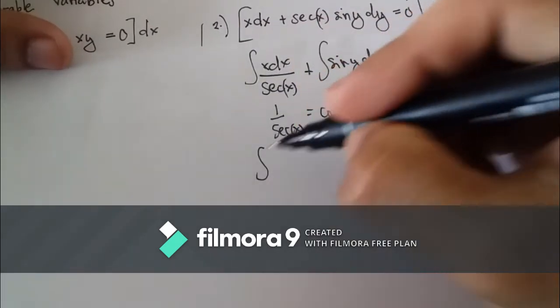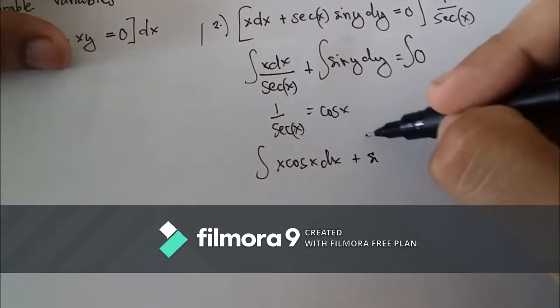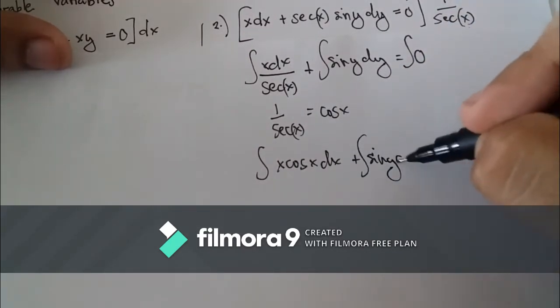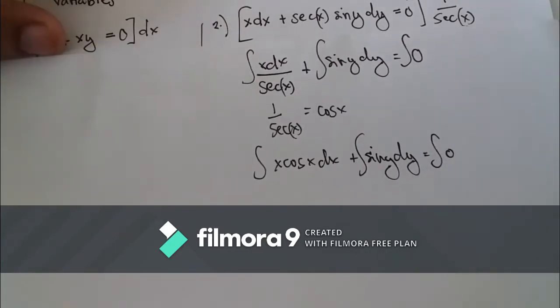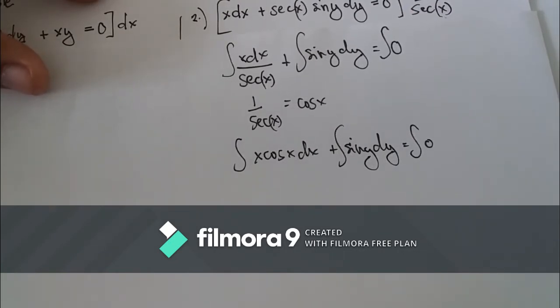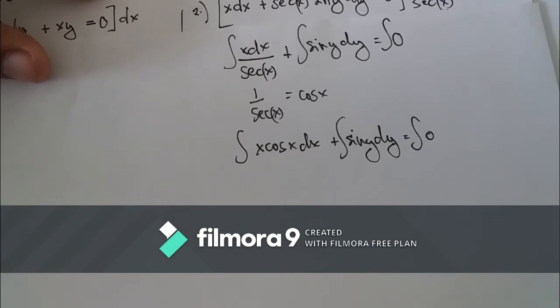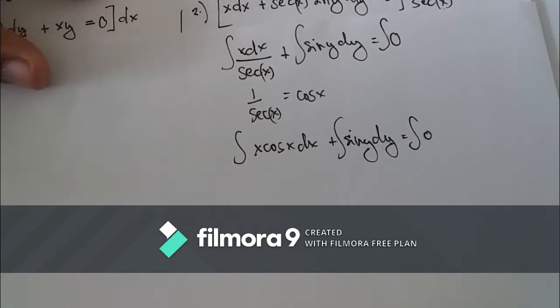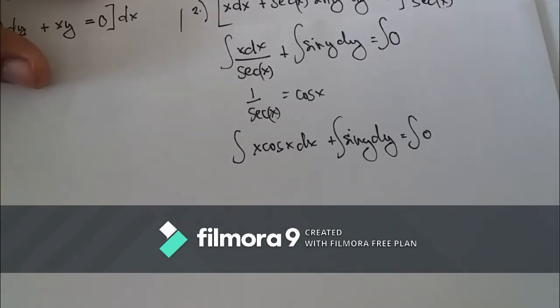So what will happen is the integral of x cos x dx plus the integral of sine y dy is equal to the integral of 0. Okay, so if you look at the first term, it is composed of two functions. We will use the method of integration by parts, or simply known as the DI method.